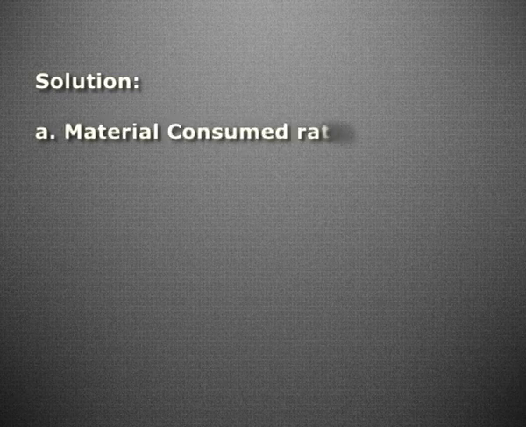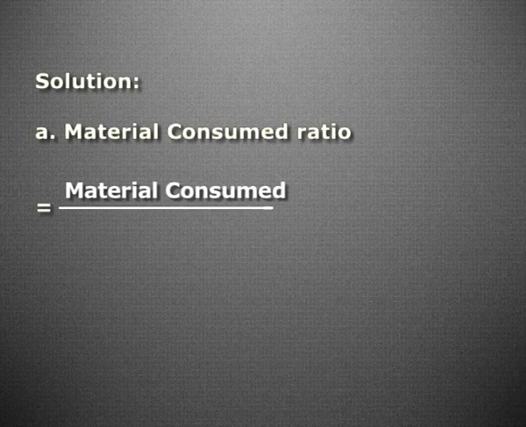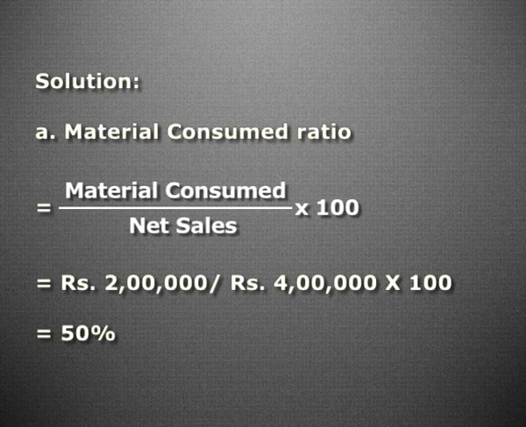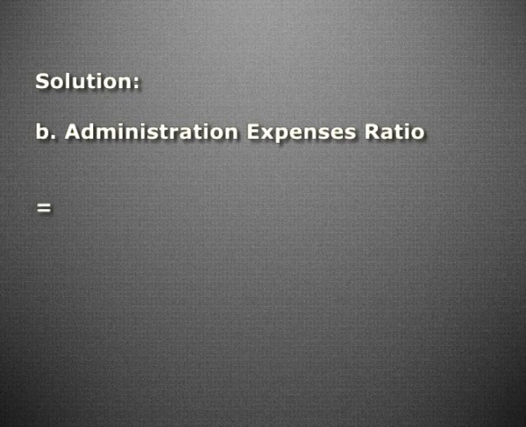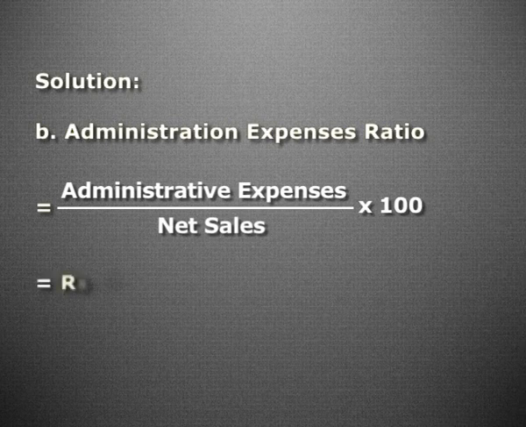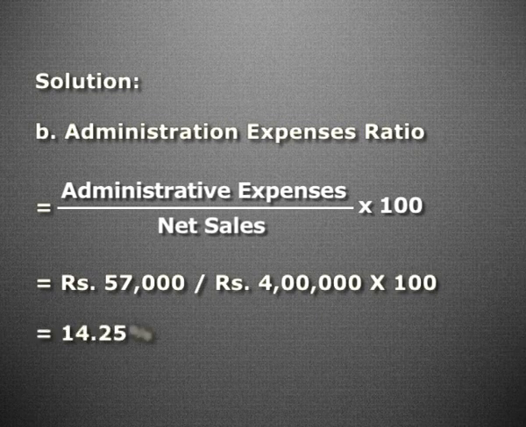Solution. A. Material consumed ratio is equal to material consumed divided by net sales into 100, which is equal to rupees 2 lakhs divided by rupees 4 lakhs into 100, which is equal to 50%. B. Administration expenses ratio is equal to administrative expenses divided by net sales into 100, which is equal to rupees 57,000 divided by rupees 4 lakhs into 100, which is equal to 14.25%.